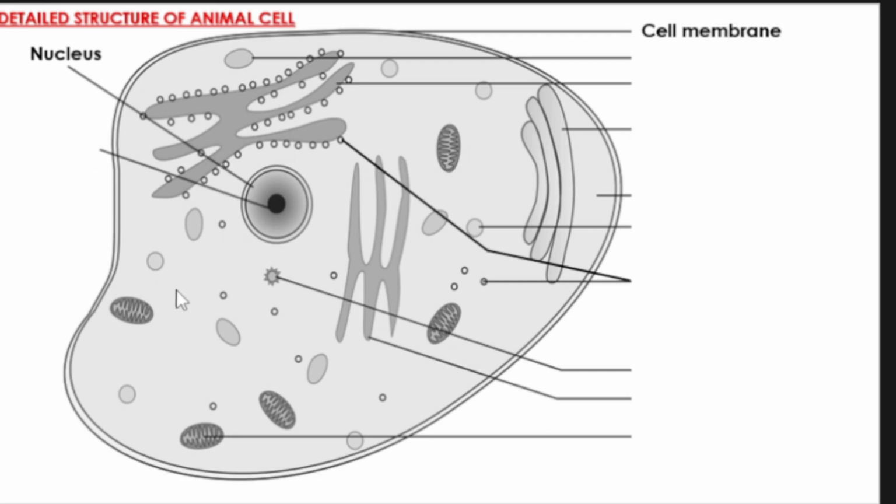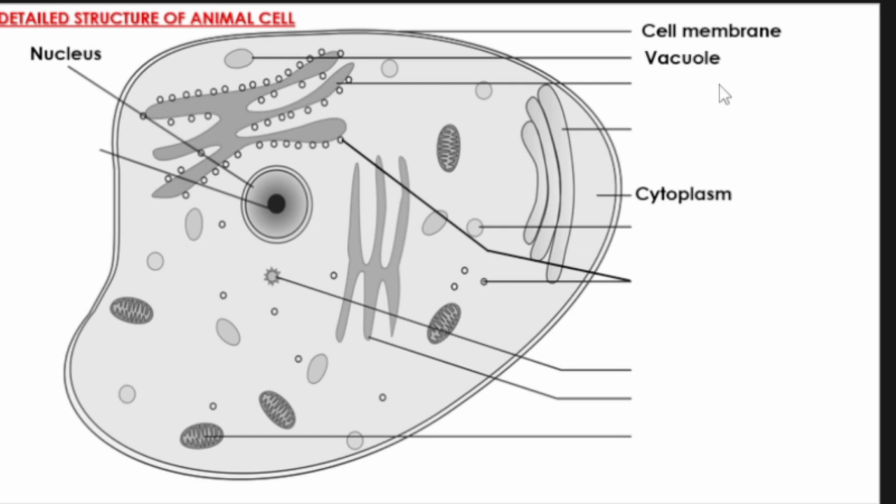Then this inside area, where you find these organelles or parts of the cell represented by this arrow, is called the cytoplasm. Then these two small pockets here are called the vacuoles.